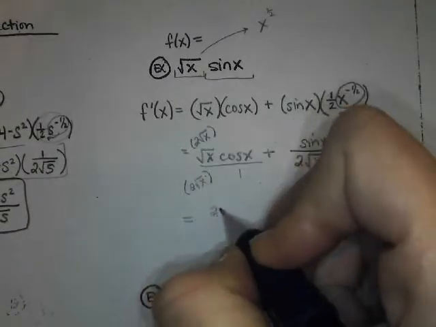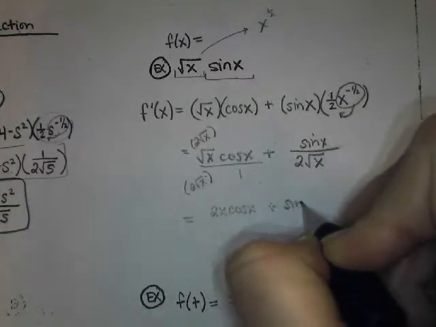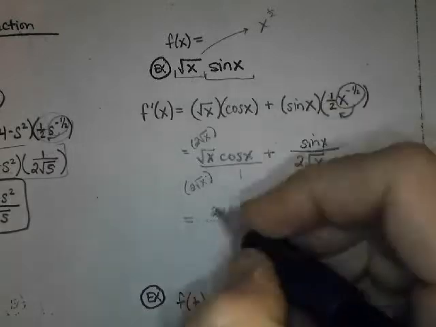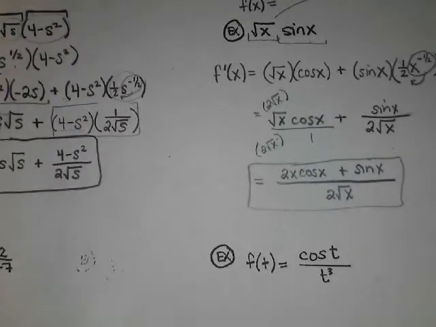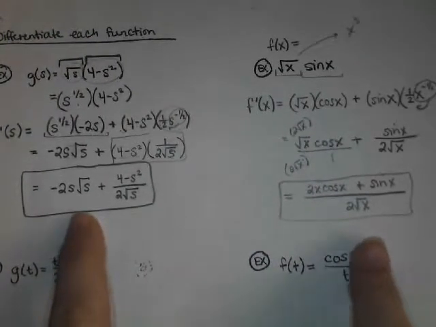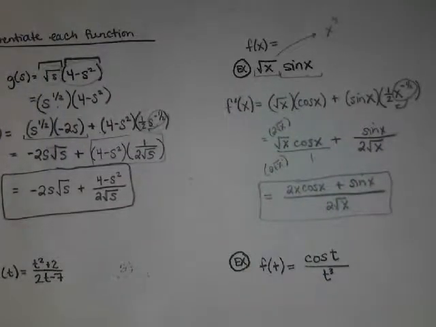That's going to make my numerator 2x cosine x plus sine x all over the common denominator of 2 root x. And I think we would all agree that that is a cleaner version of it. Whereas in number 1, we did not get the common denominator. We could have there as well. We did not. But just in case you might have to make your multiple choice match, there it is.